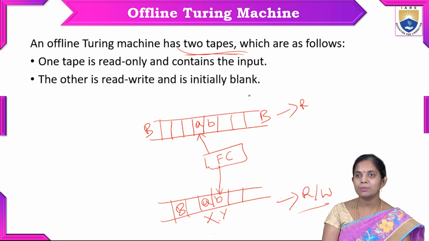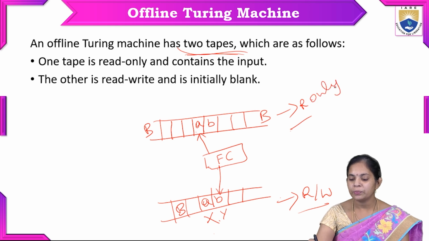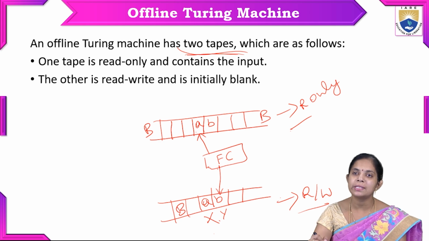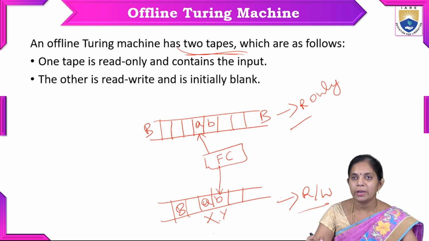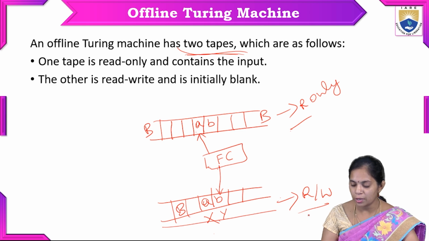In the two tapes, the first one is read only. In this one we just read the symbols on the tape. So the finite control reads the input symbols. And in the second tape, we have the two operations, read and write.